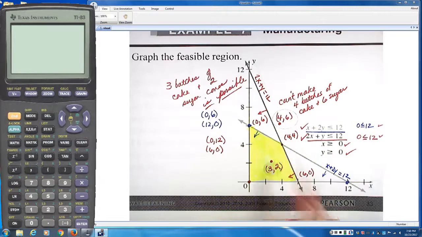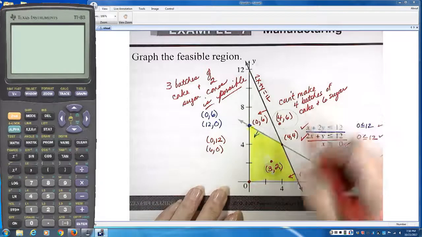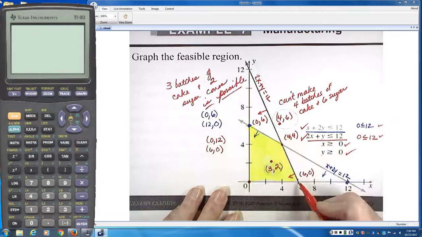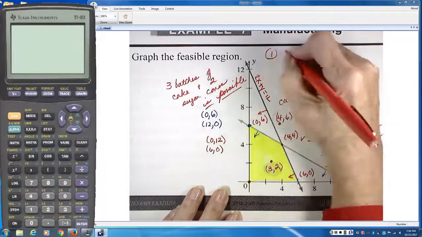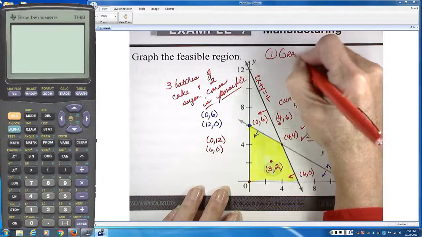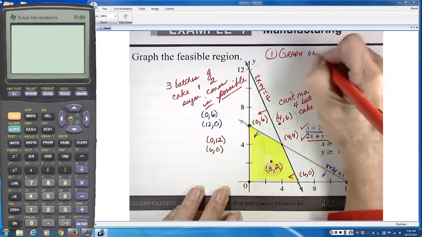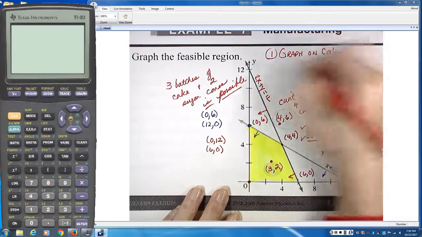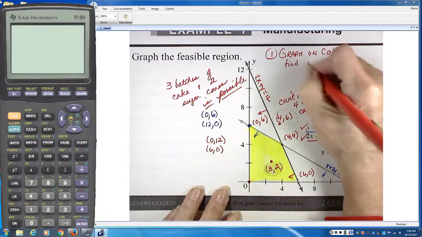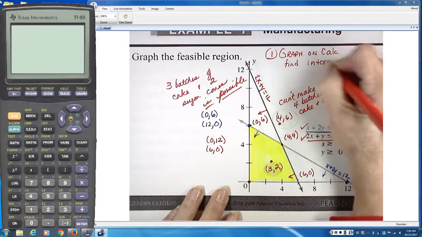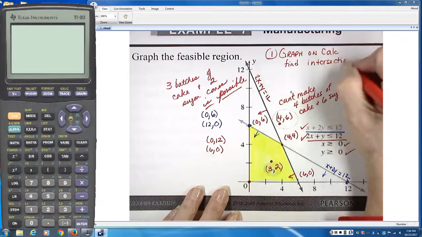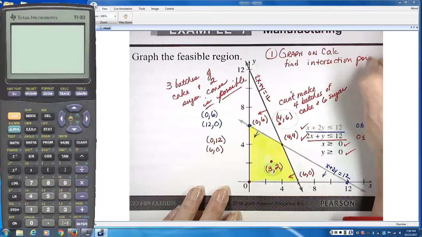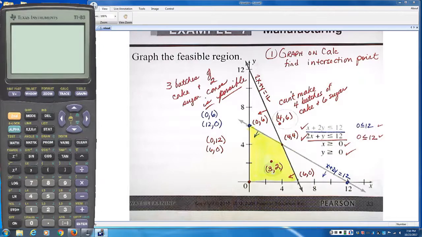We can either graph it on the calculator and find the intersection point. You do that using that second trace menu, the calculate menu, and go down to number 5 for intersect.